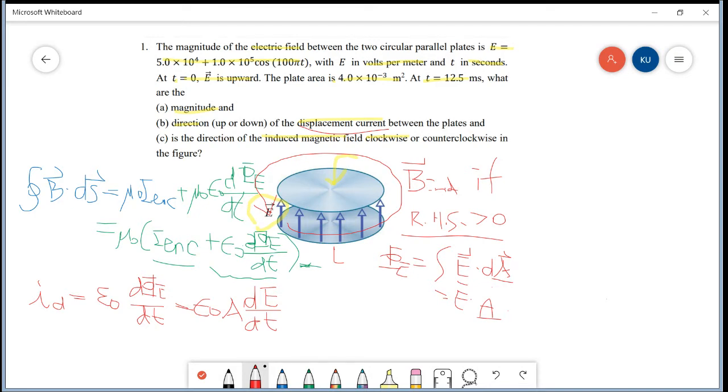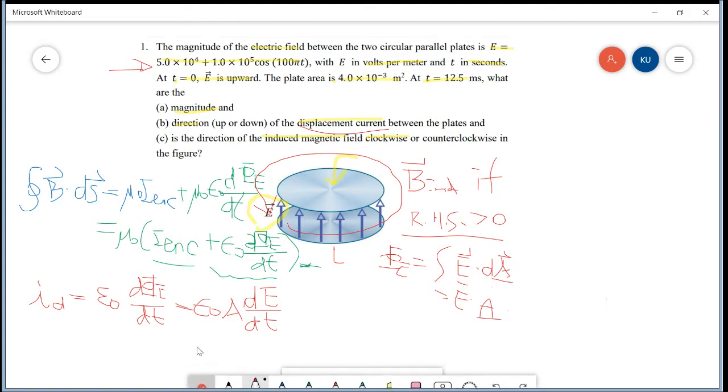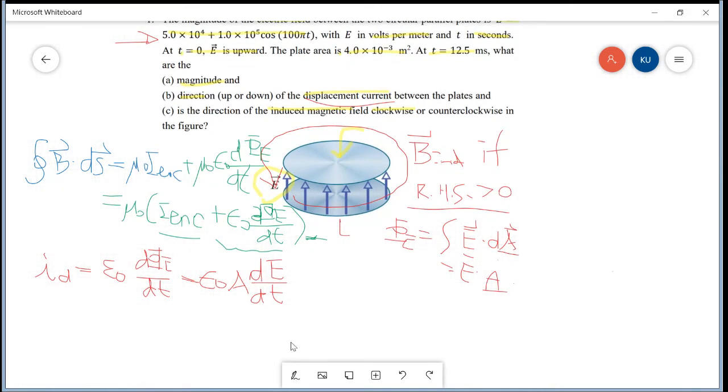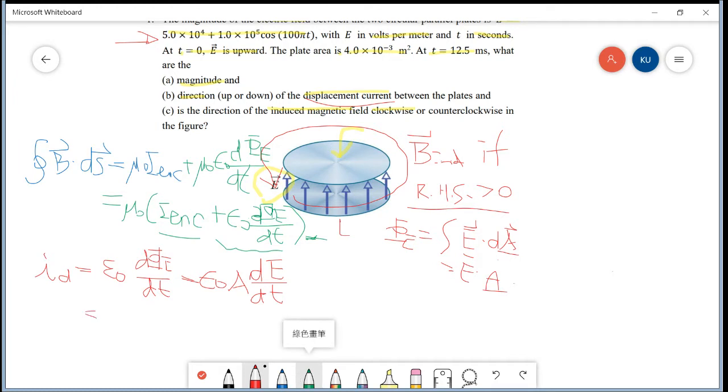Then we substitute this expression here. We have epsilon 0 A and d dt. The first term is a constant, so after taking the derivative it will be 0. The next is 1.0 times 10 to the 5th power cosine 100 pi t.